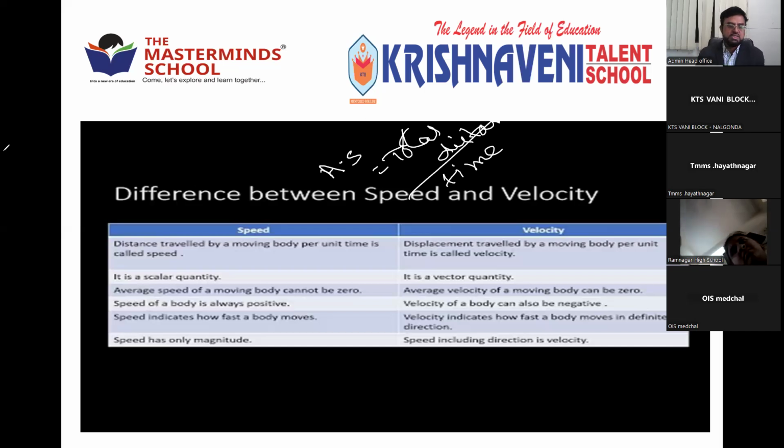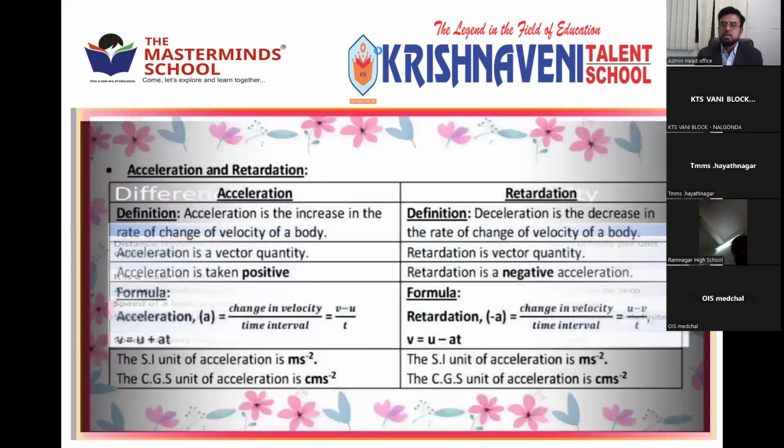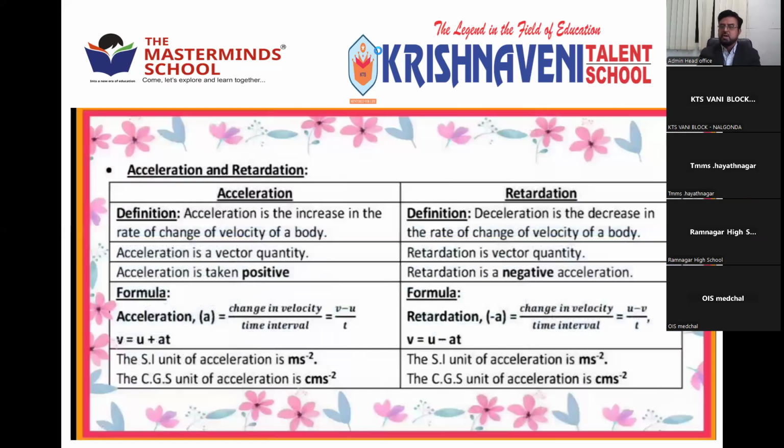These are the terms that come across during the study of motion. When a body is in motion, we come across distance, displacement, speed, velocity, and next is acceleration and retardation. These are all common words we use regularly. Every vehicle has an accelerator.